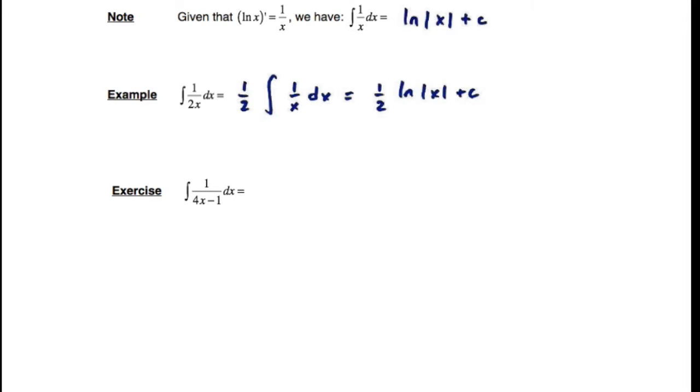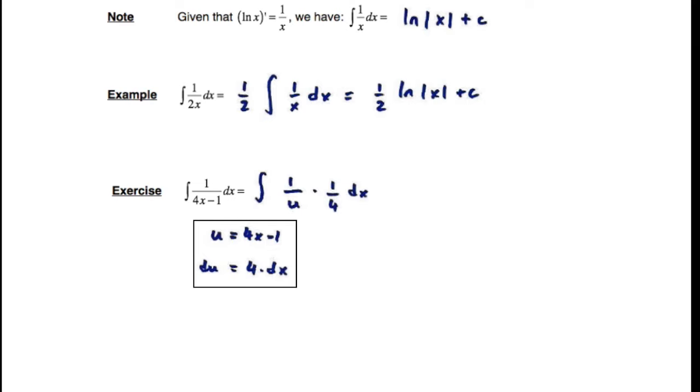If we want to integrate 1 over 4x minus 1 in the next example, we need to use a change of variable. u equals 4x minus 1. From that we find that du is 4 dx, and therefore dx is 1 over 4 du. So we make these substitutions and we get the integral of 1 over u times 1 over 4 du.